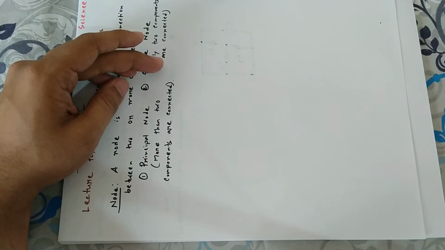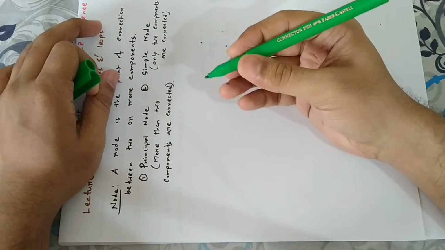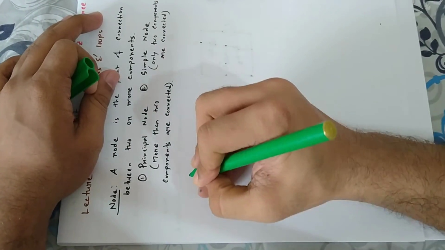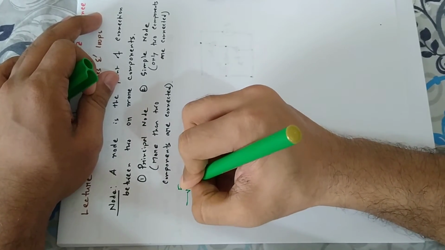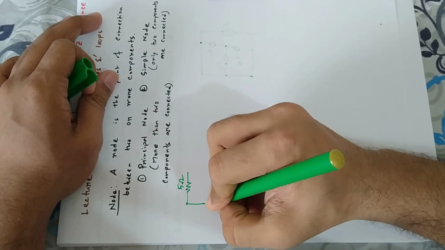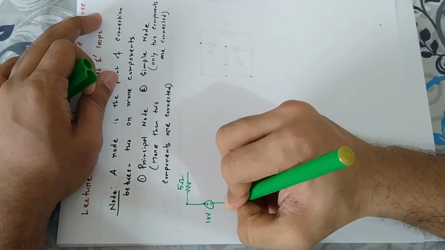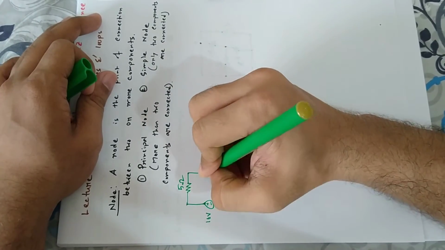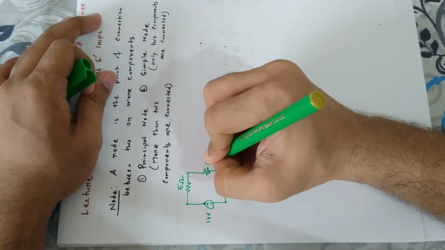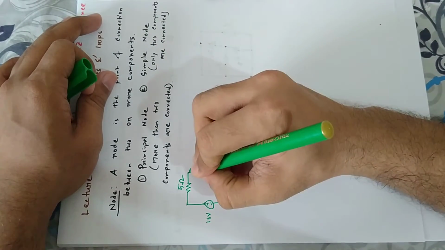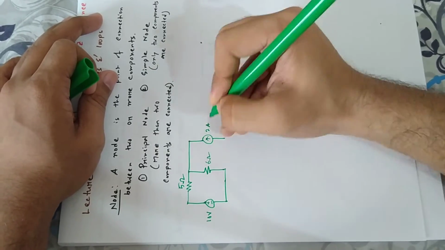To understand, let us draw a circuit. Suppose we have a 5 ohm resistor. Here is a voltage source having 10 volts. There is a resistor of 6 ohm and we have a current source having 2 ampere.